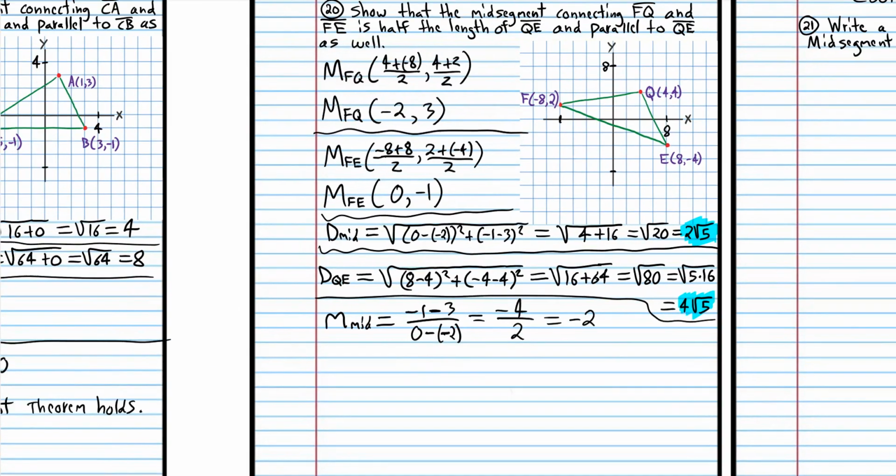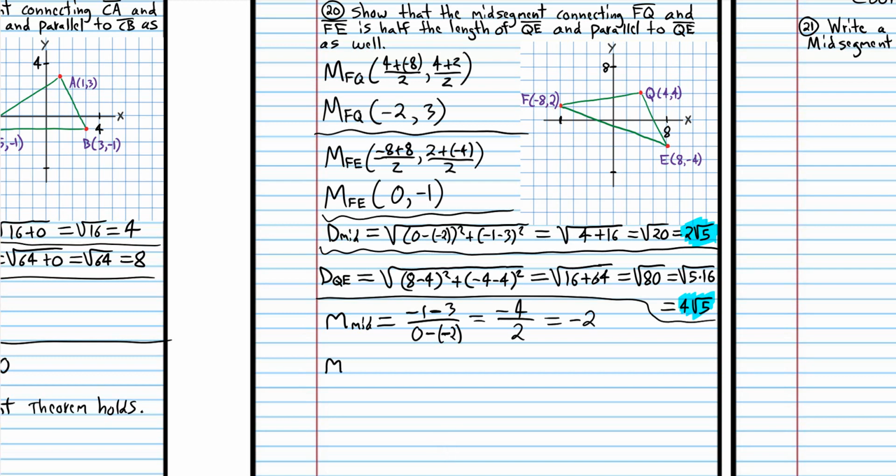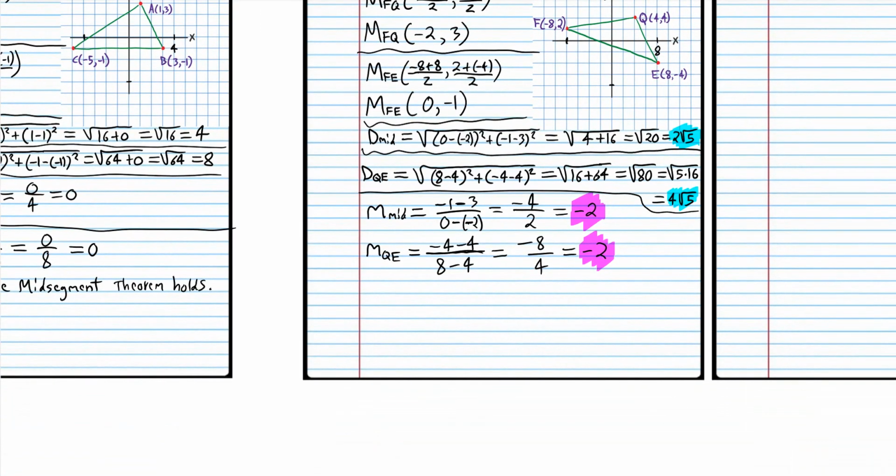Now we're going to find the slope of QE. Letting Q be point 1, we have -4 minus 4 over 8 minus 4, and we get -8 over 4, which is -2. So it's the same slope. That proves that those sides are parallel. So the midsegment theorem holds for this particular example.